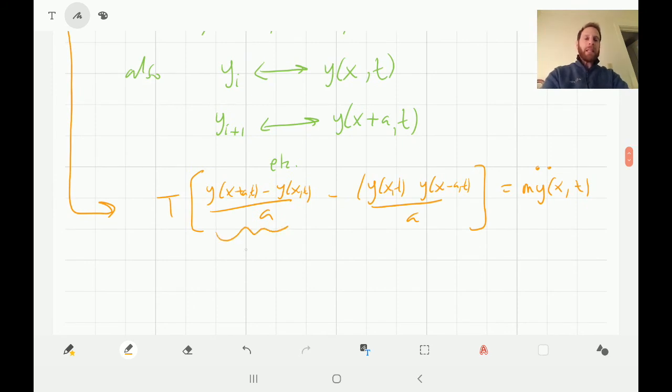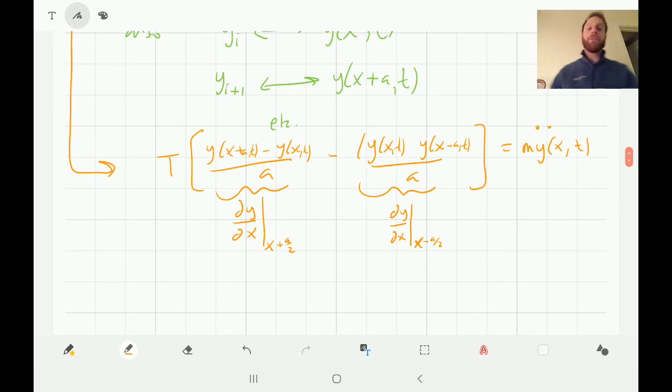This is something like the partial derivative of y with respect to x, and this is going on, roughly speaking, somewhere between x and x plus a, so this is like at a value of x plus a over 2. This is like the partial derivative of y with respect to x evaluated at x minus a over 2, somewhere between x and x minus a.